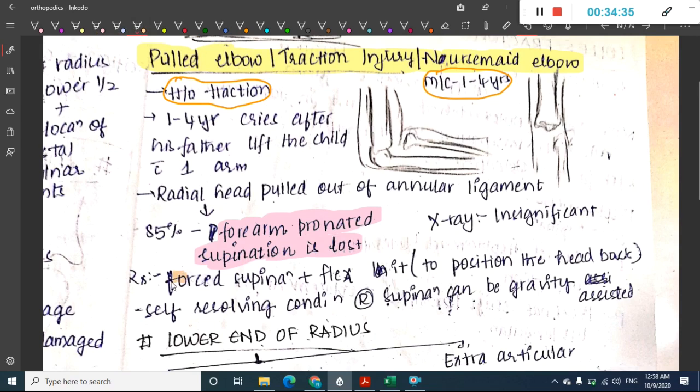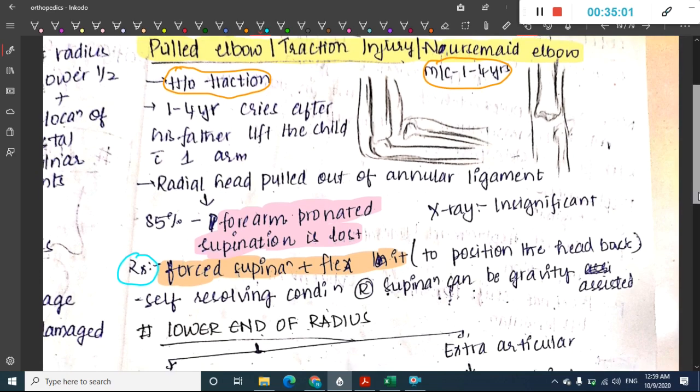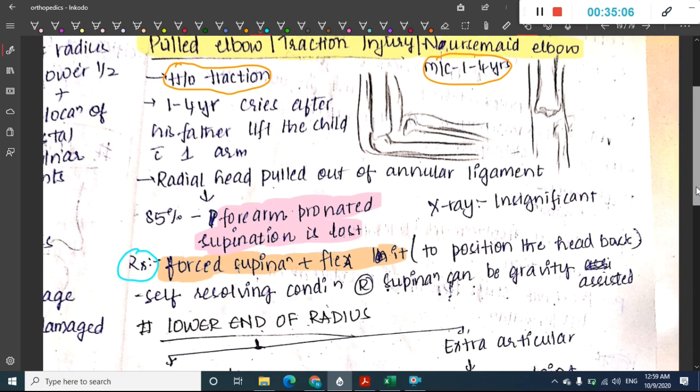The treatment is forceful supination and flexion of the arm to position the head back into the articular cavity. This is actually a self-resolving condition, and forced supination is the only thing required. So this is pulled elbow or traction injury.